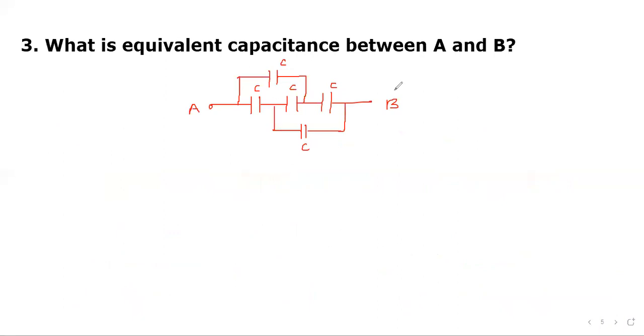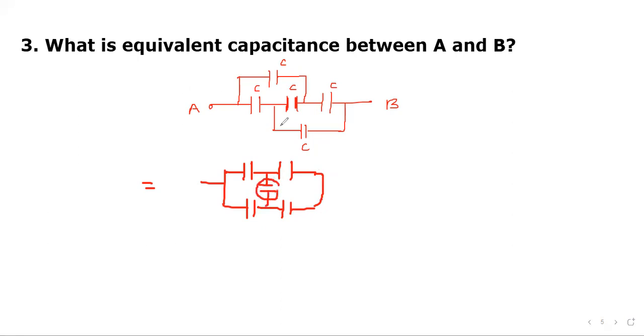What is equivalent capacitance between A and B? So here, this is case of balanced bridge. So when bridge is balanced, in that case, this capacitance will be removed, and equivalent circuit will look like this. C, C, C, C. Here, this capacitance was connected like this.